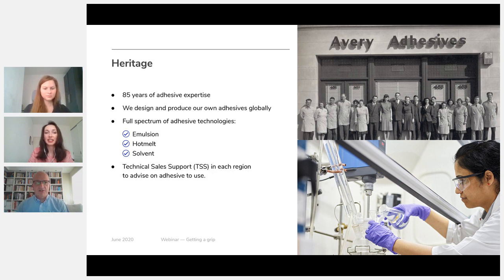Many of our adhesives are suited for direct food contact. In fact, when you look at our compliance site on the website, there is actually a list of all the adhesives which have food compliance. Like I said, many of our adhesives have direct food compliance, and we have a range of adhesives which are also suited for direct contact onto fatty food, because this is one of the key requirements and one of the key questions that we get most often.